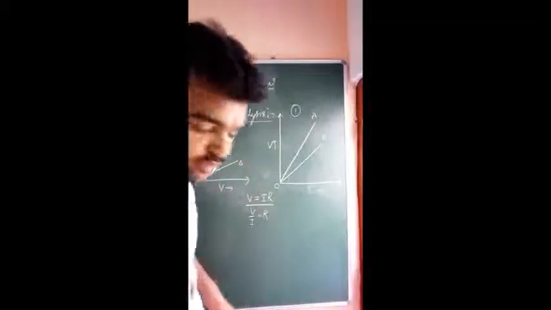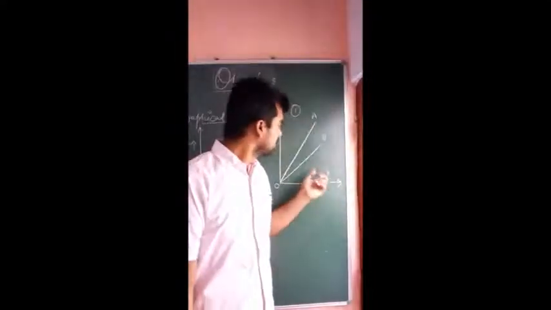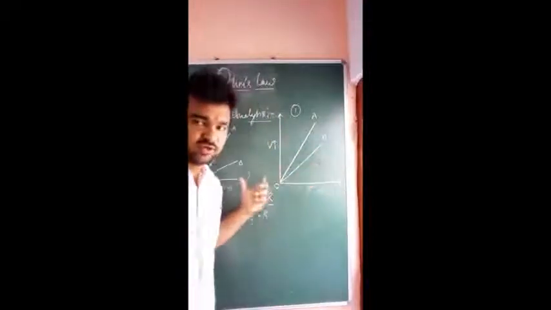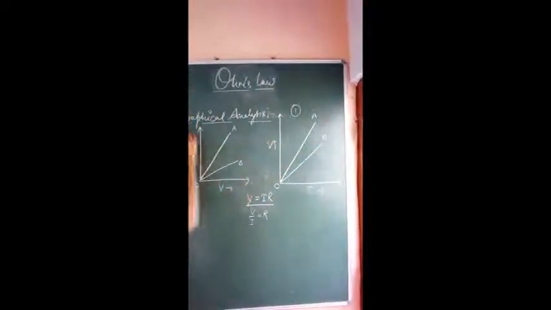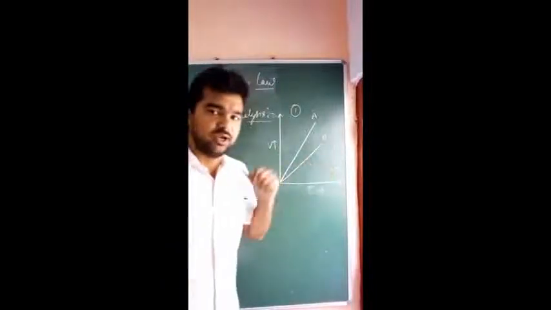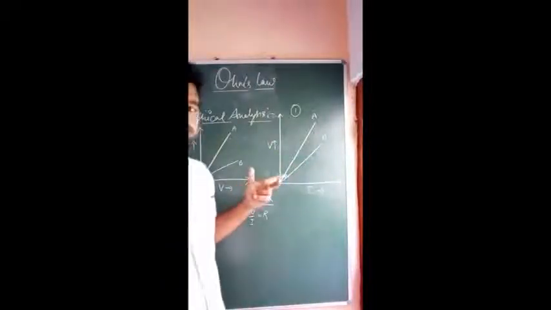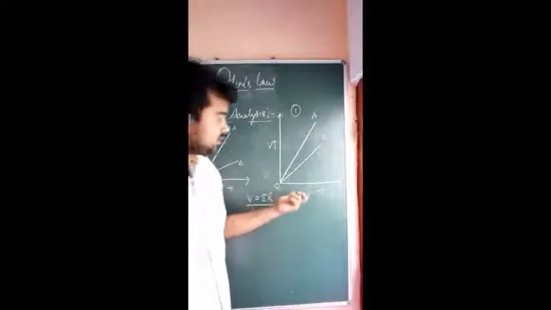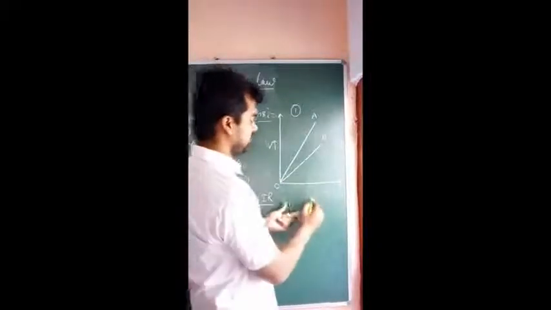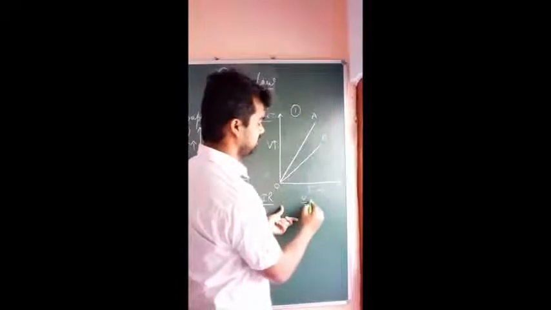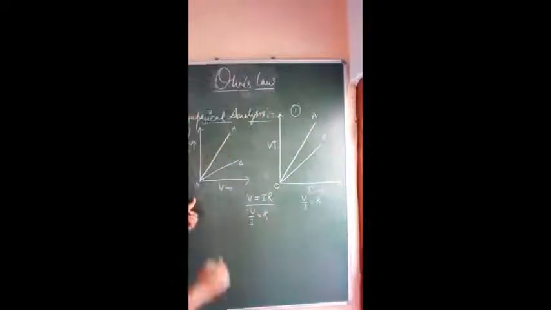If I ask you which of the two wires A and B, in both of the graphs, the first graph and the second graph, will have a higher resistance value, how will you know this? As we said, on this side V by I is equal to R, and on this side I by V is equal to 1 over R.